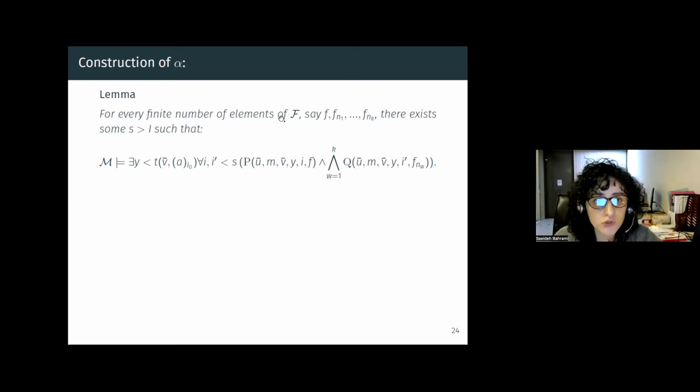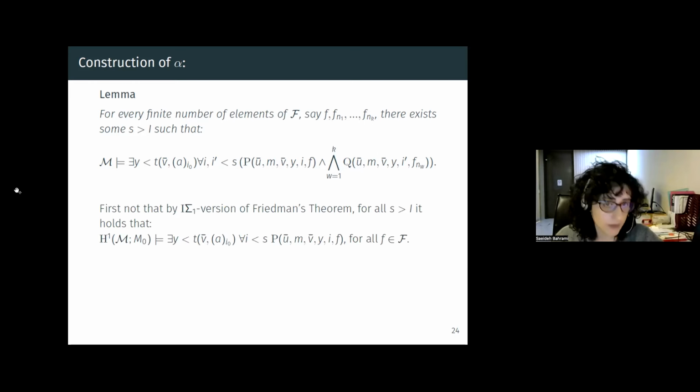But we want to use this lemma to prove that the type PE of Y is finitely satisfiable. First of all, note that the type PE of Y has two parts.